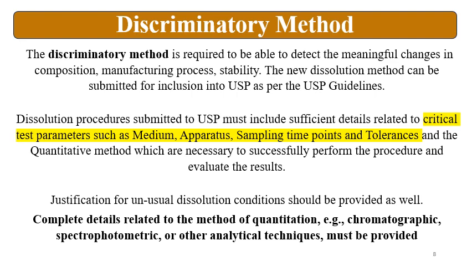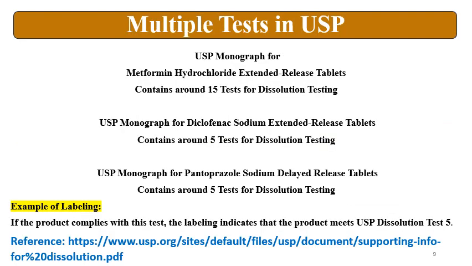Then the complete details related to the method of quantitation, chromatographic, spectrophotometric or other analytical techniques must be provided. Here are some examples: the USP monograph for metformin hydrochloride extended release tablet contains about 15 tests for dissolution testing.